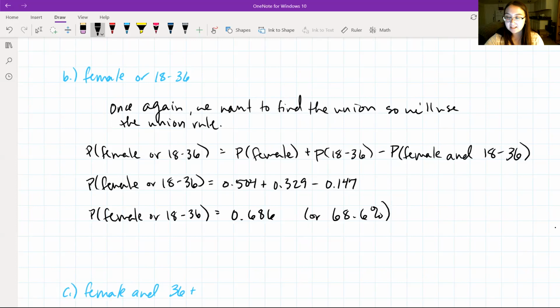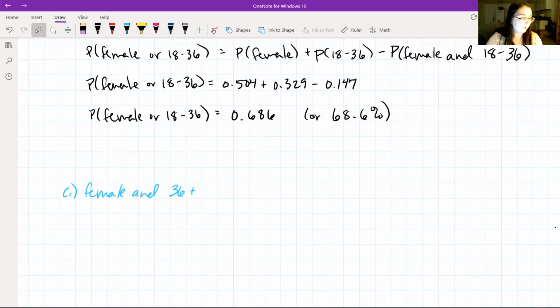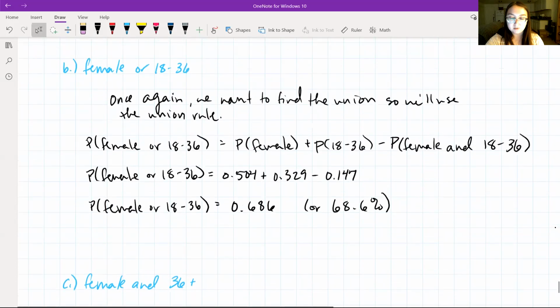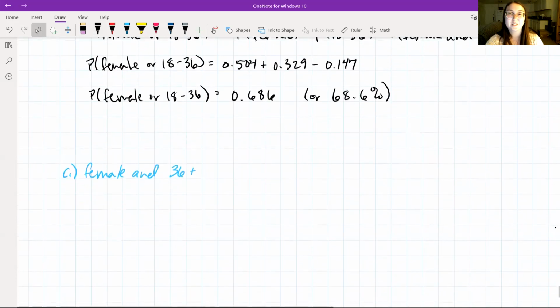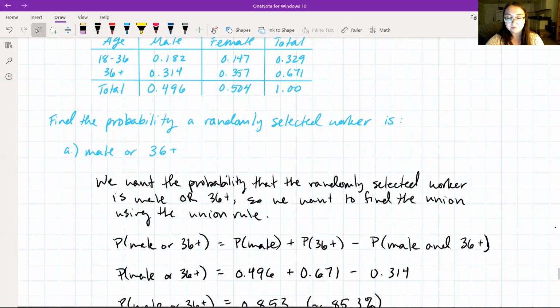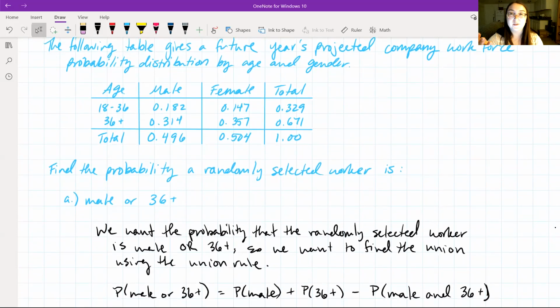All right, and then lastly, our last question here is we want to find the probability that our worker is female and above the age of 36. So we know this is "and", so we know that this is the intersection since it's both, which we could use the union rule for if we wanted to, but we don't need to because we have it in our table.